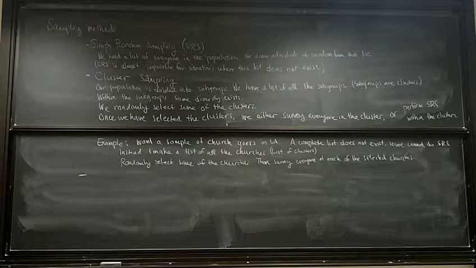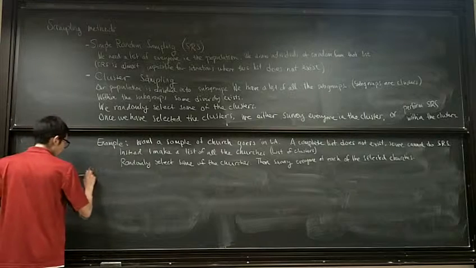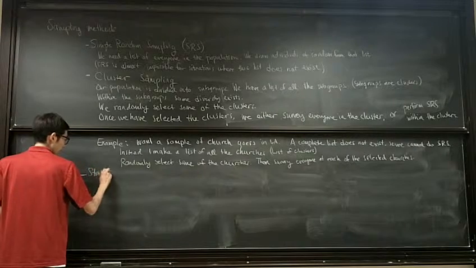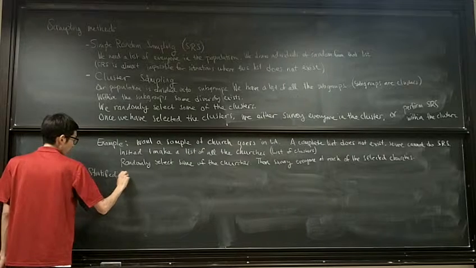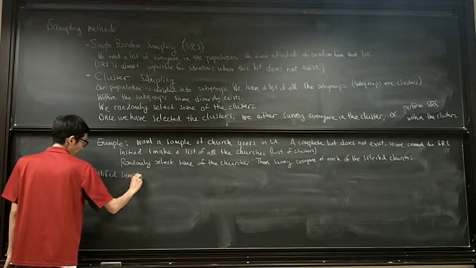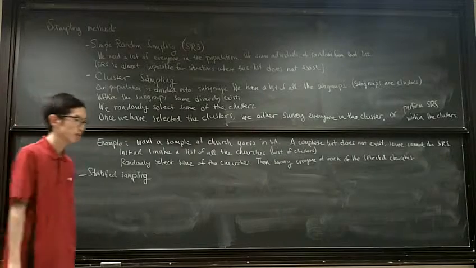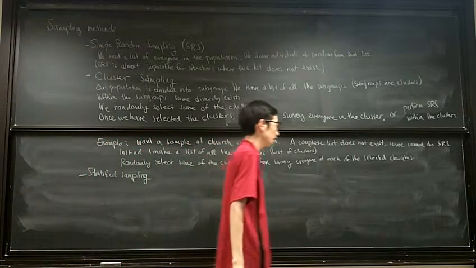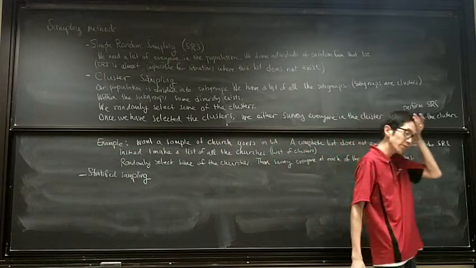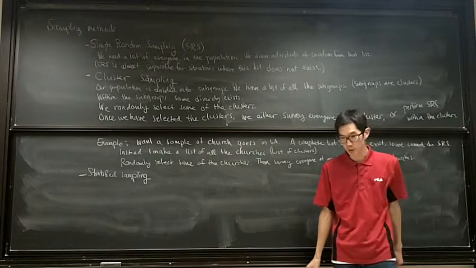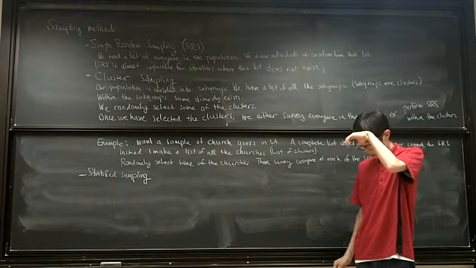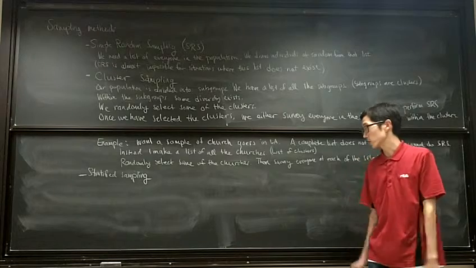So that sometimes works as an alternative to simple random sampling. Okay, the other is stratified sampling. Stratified sampling also divides our population into subgroups, but is very different from cluster sampling. Okay?